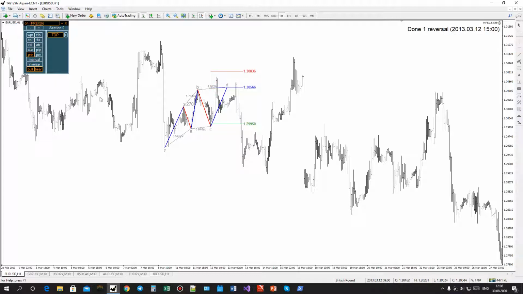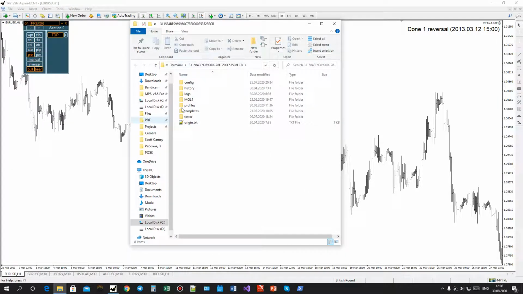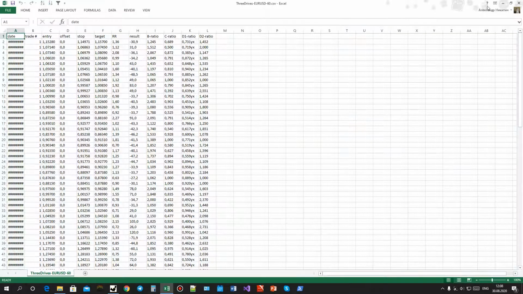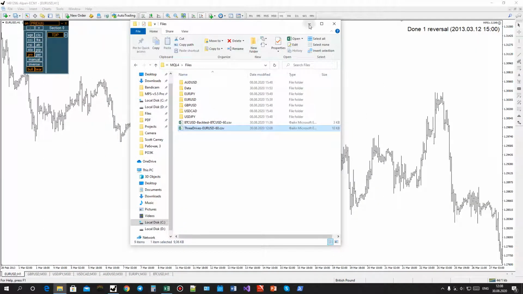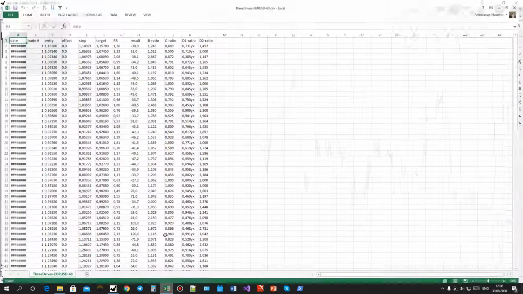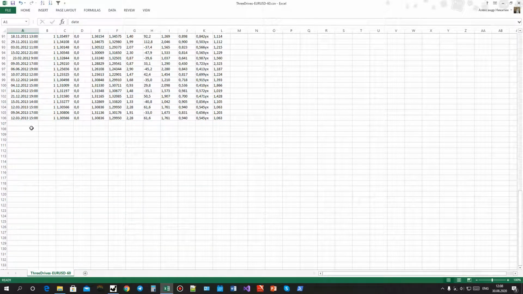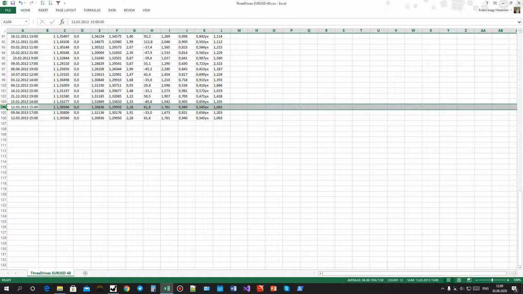Now let's go to our file and do some changes. Read right pattern. Let me see the time. 12 March 13 was a win, and this 12 March 13 should be deleted.